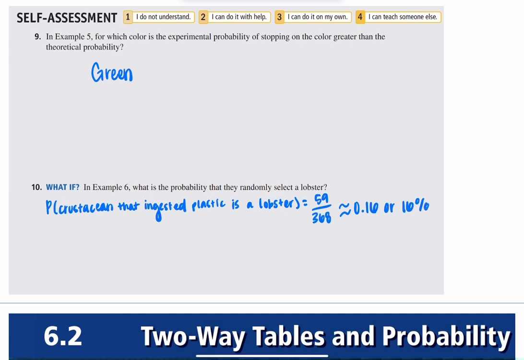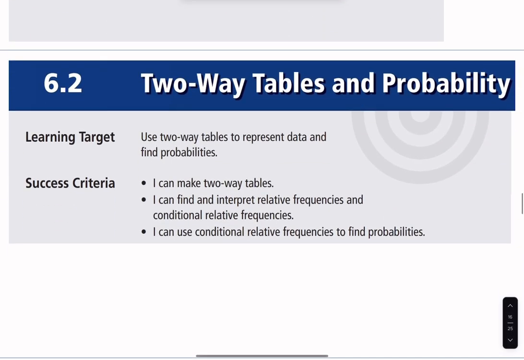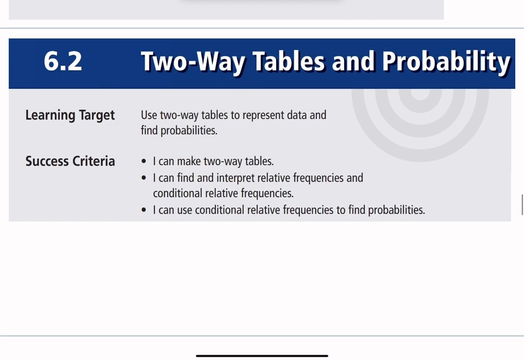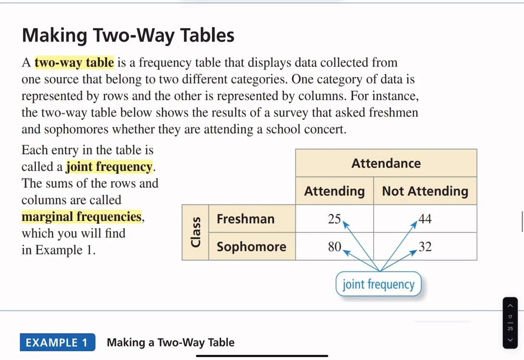Okay, so that is it for 6.1. We're going to go ahead and move on to 6.2 because 6.2 is really just a continuation. So in 6.2, we are now introducing two-way tables to represent data and find probabilities. A two-way table is just a frequency table that now has 2 different categories attached to your data.